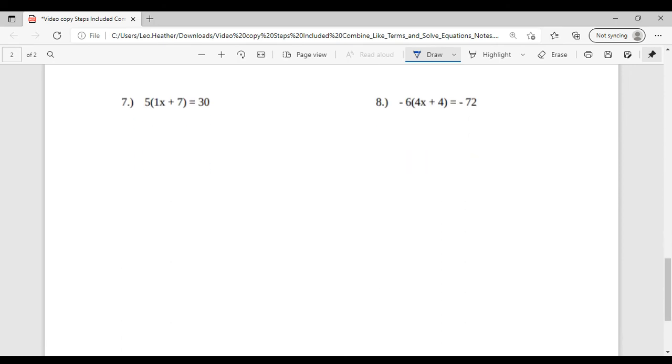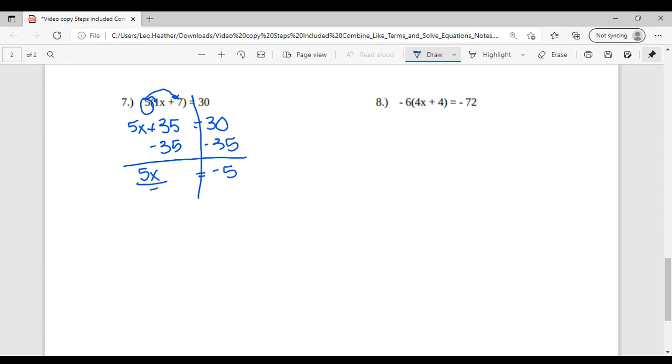I'll do 7 and 8 here. So 7 is x equals negative 1, and then 8.